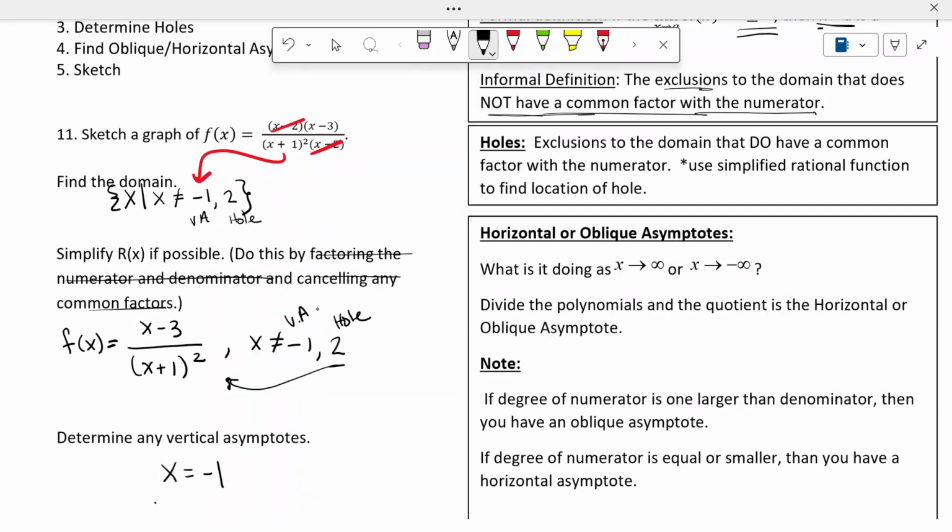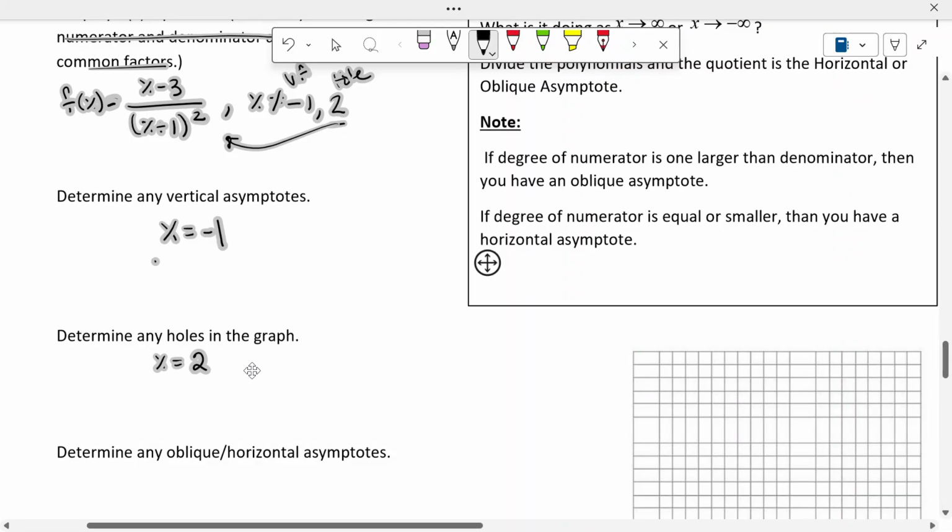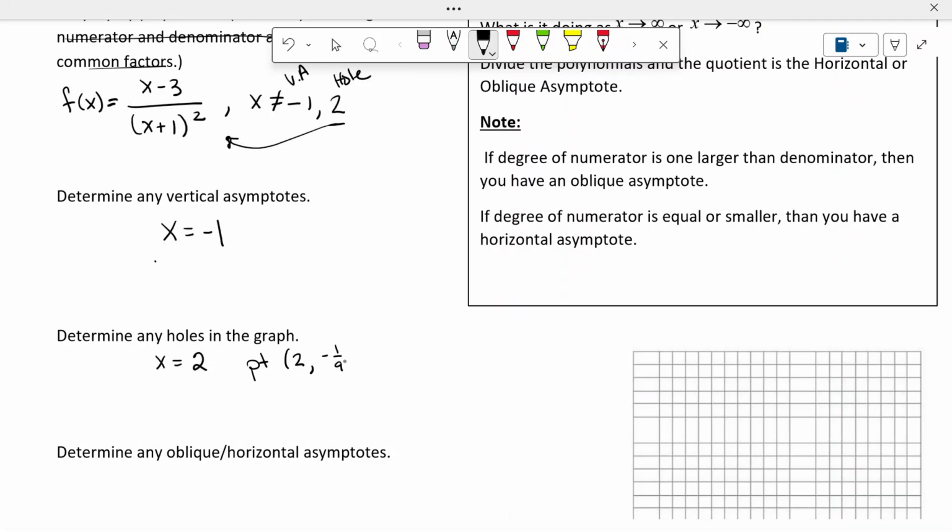So technically, when x is 2, there is no y value. The simplified version doesn't know that, though. So if I plug a 2 into there, my top becomes -1, and my bottom becomes a 9. So (2, -1/9) will be where the hole is.